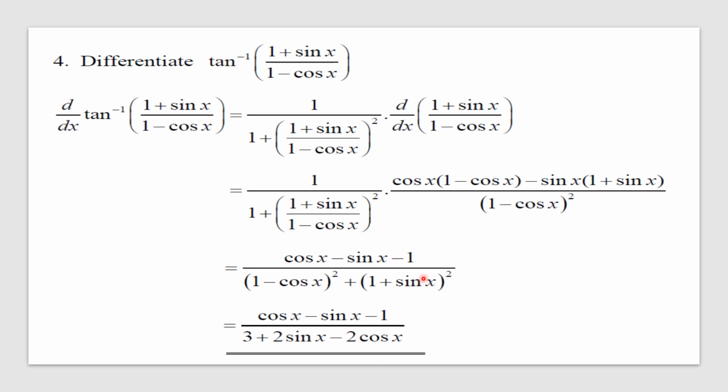It's just an expansion of the top and expansion of the bottom, making the denominator linear. Please try to simplify on your own. If you have any questions regarding the simplification, you can post them on the Padlet link that I provide on Vision related to this lecture.